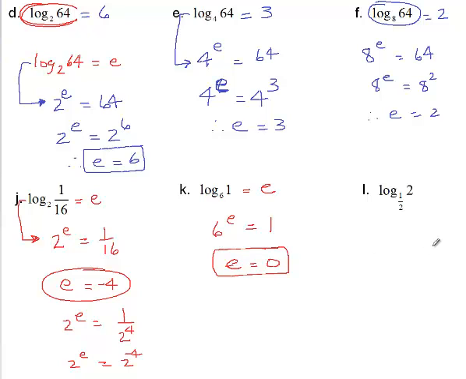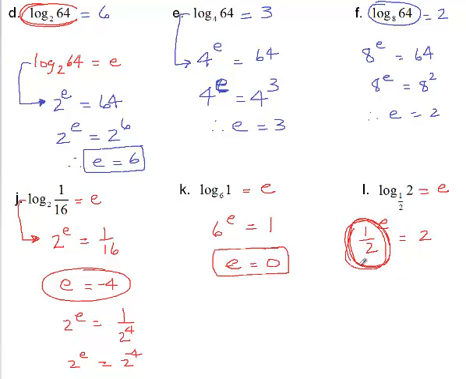And the last one in this series, again, we have a base that's a half. So 1/2 raised to what power? Again, I'll let it equal e. 1/2 raised to an exponent e is equal to 2. Now how do we make our bases the same? Remember what a half is.